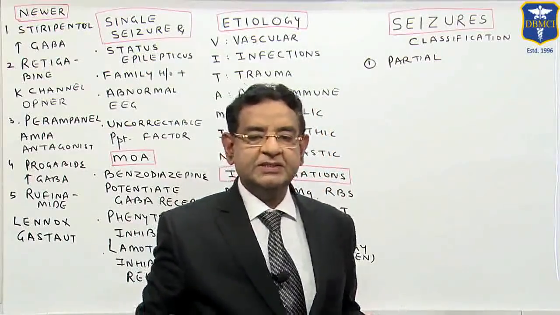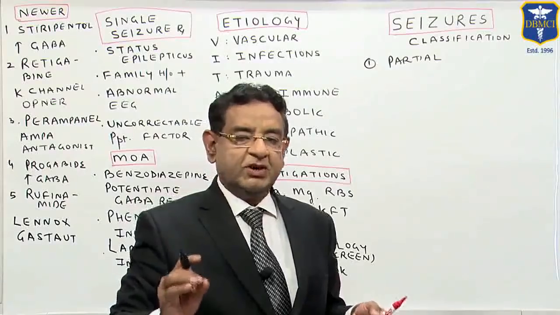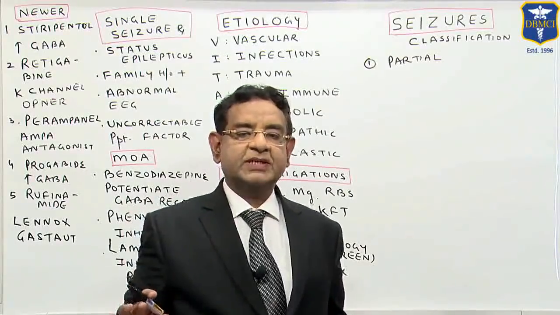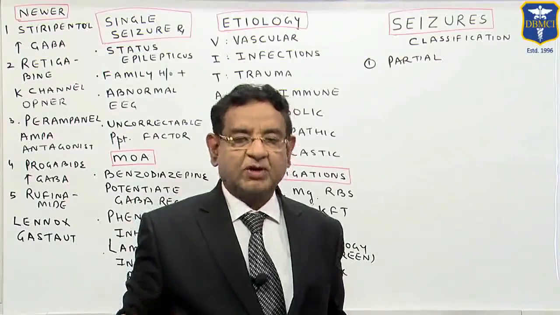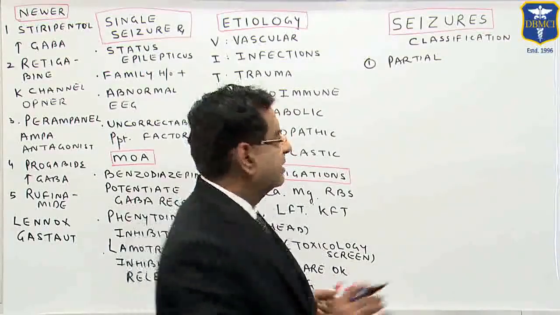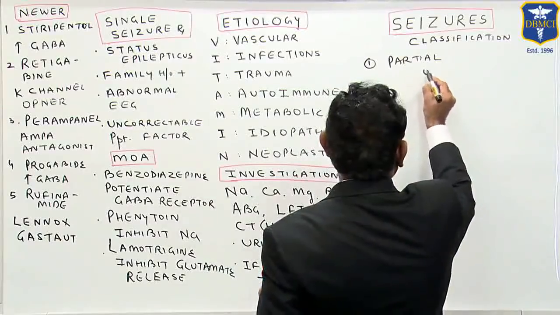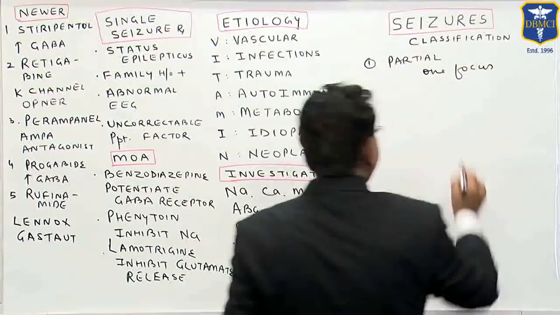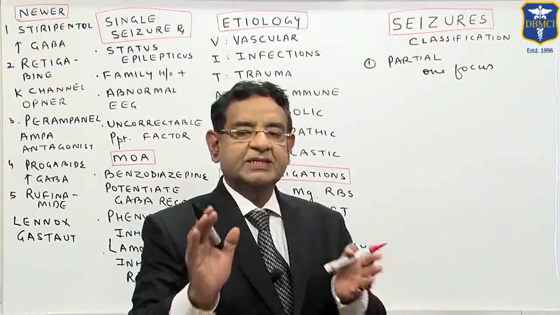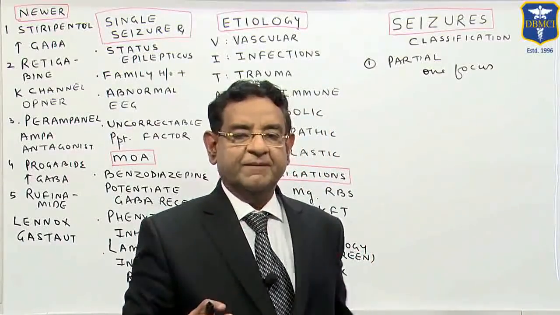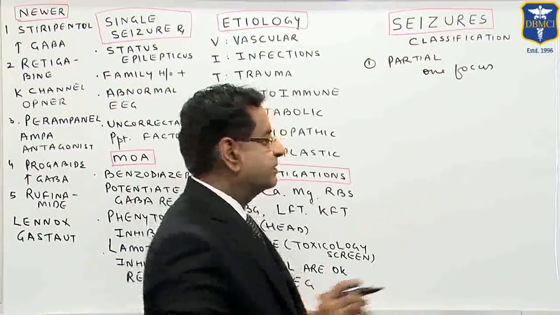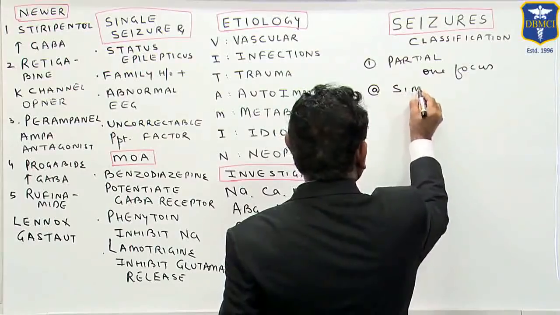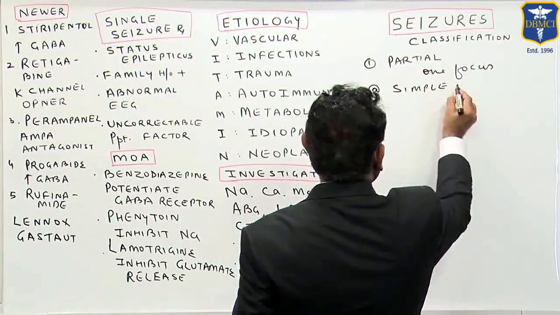In the partial seizure, the disturbance of electrical activity is confined to one focus in the cerebral cortex. One focus, or the disturbance is in a limited area. What are the subtypes? A, simple partial seizure.